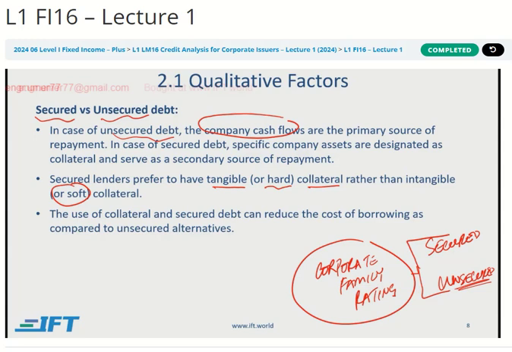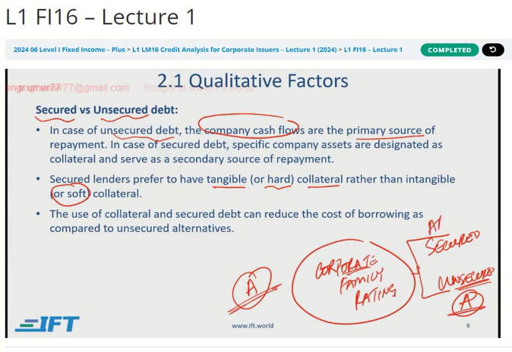So the unsecured bonds have that corporation as their primary source of repayment. So the rating, let's say for the corporation, is A, and that is the rating that should be there for the unsecured bonds, if not lower, right?